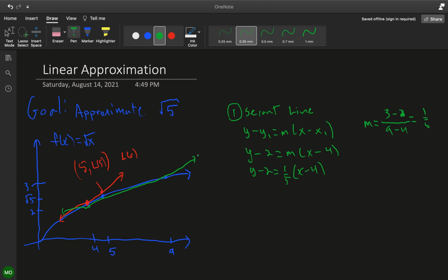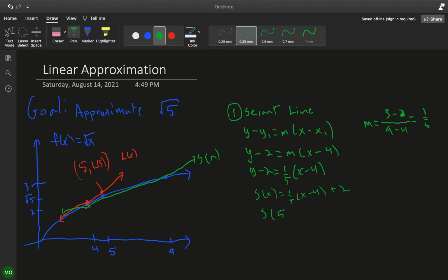So let's call this s of x. So this gives us s of x, which is y, is equal to 1/5 times x minus 4 plus 2. And now we can plug in to get our approximation.